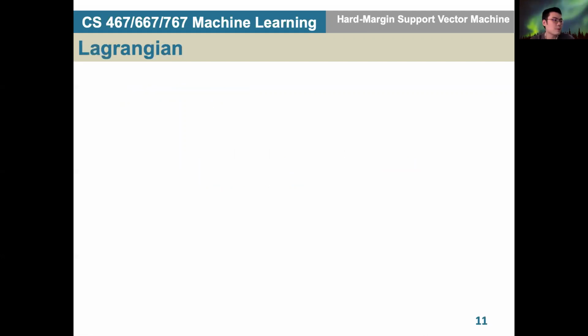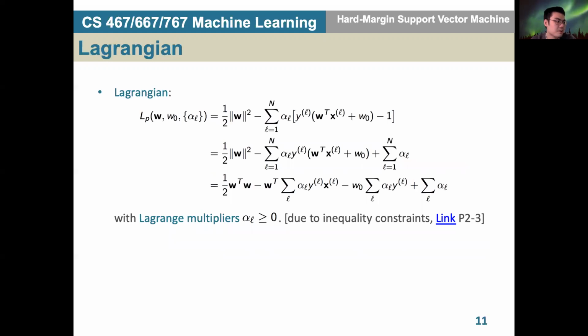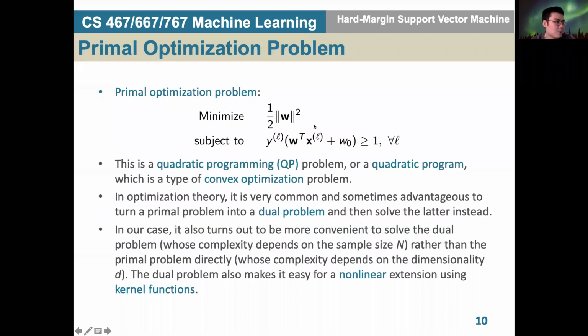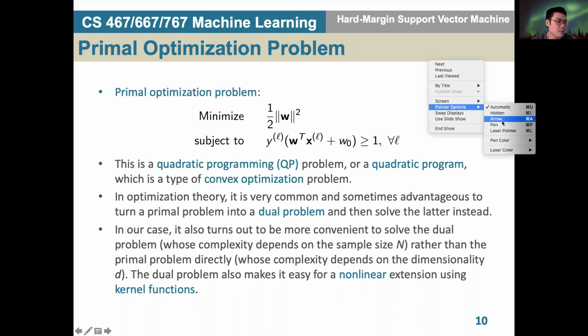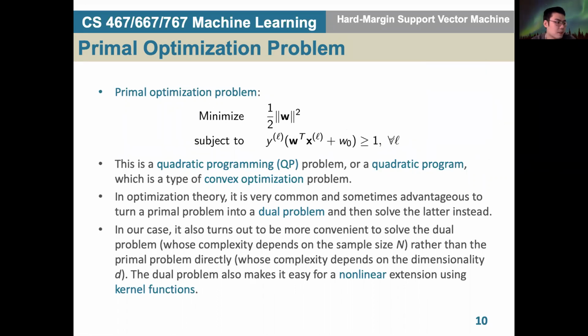Recall that we talked about the Lagrangian. Basically, you want to convert a constrained optimization problem into an unconstrained optimization problem. To do that we have two steps. The first step, make sure this side is 0, so you move this to minus 1.